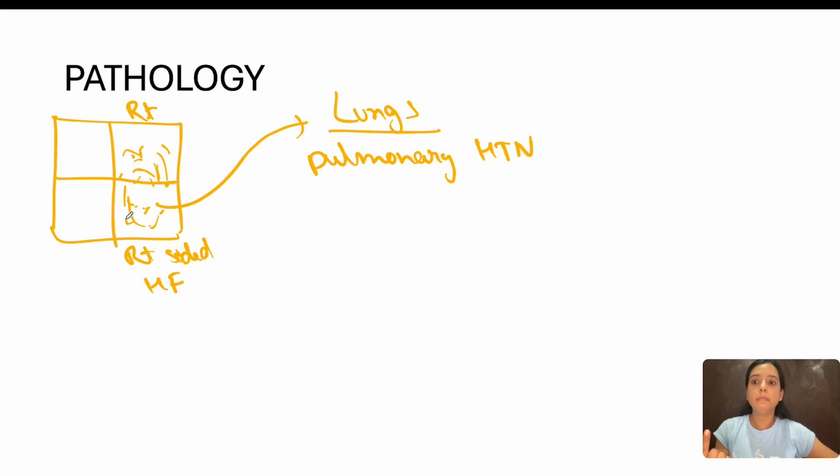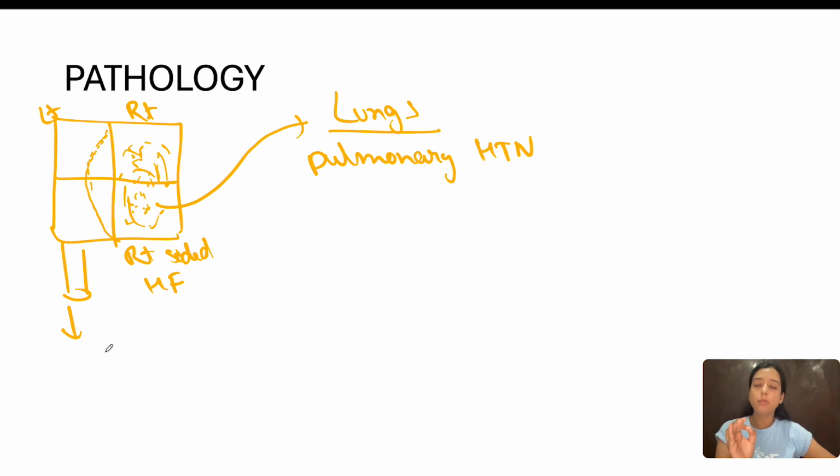And since the blood is filled in the right atria and ventricle, there will be a septal deviation. There will be this septal deviation compromising now the left side. So now the left side is compromised because there is septal deviation. As a result, now the output of this left side is also reduced.